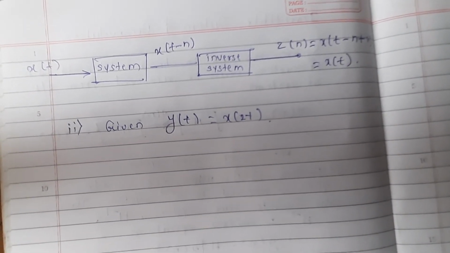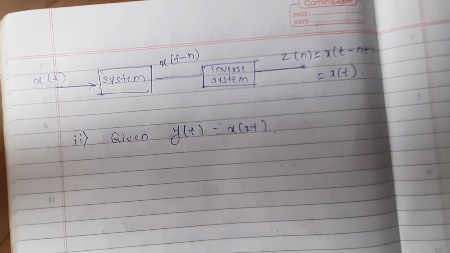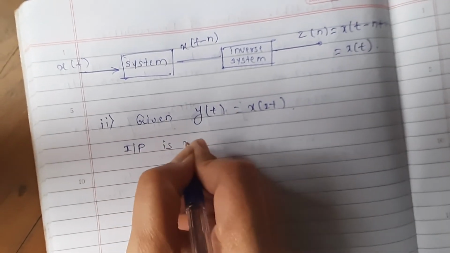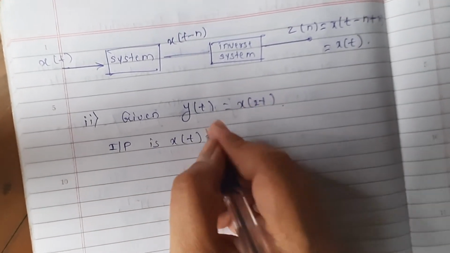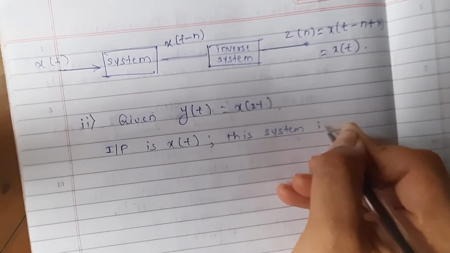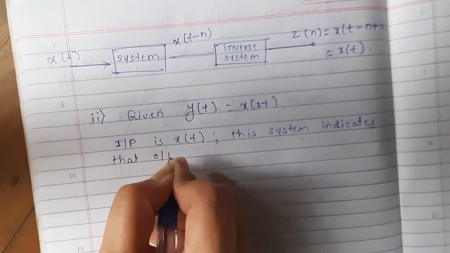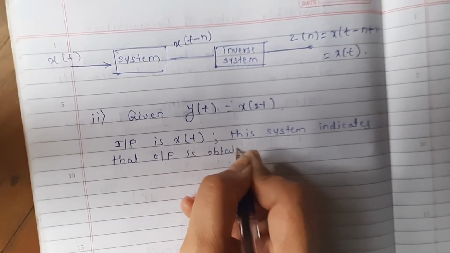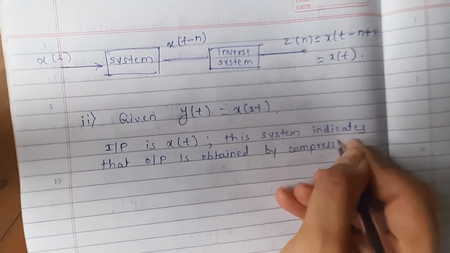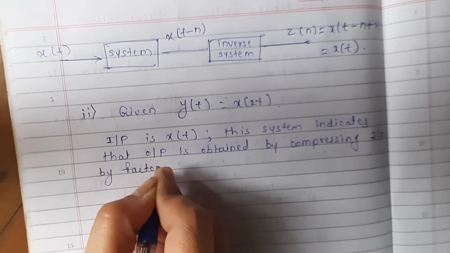So the input is x of t, and the system indicates that the output is obtained by compressing the input by a factor of 2.